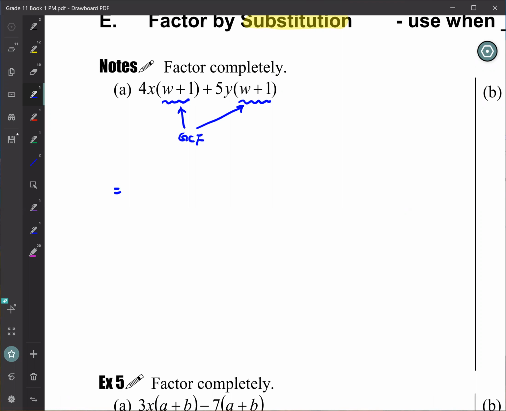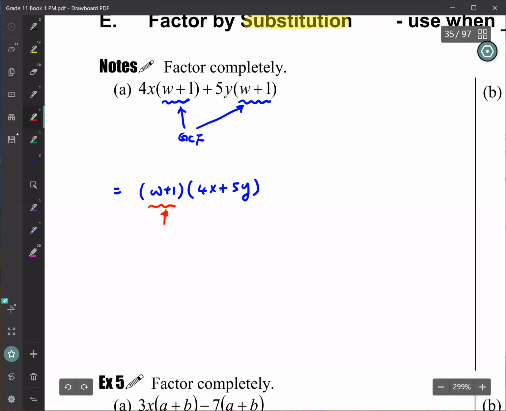It would be bracket w plus 1 times bracket 4x plus 5y. Yeah, very good. So this is a review. Let's write down the remaining one, 4x plus 5y. So this bracket is GCF.